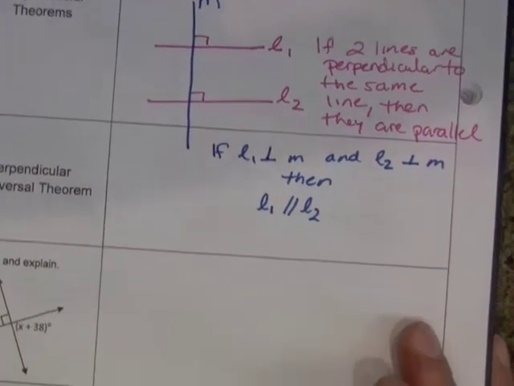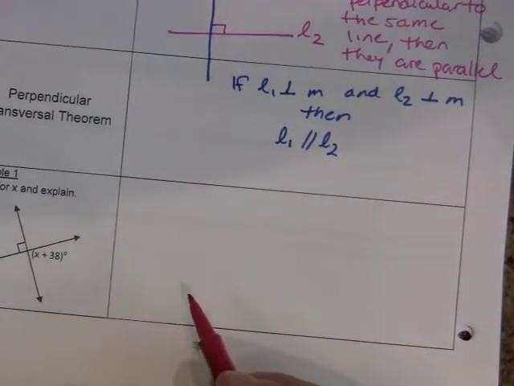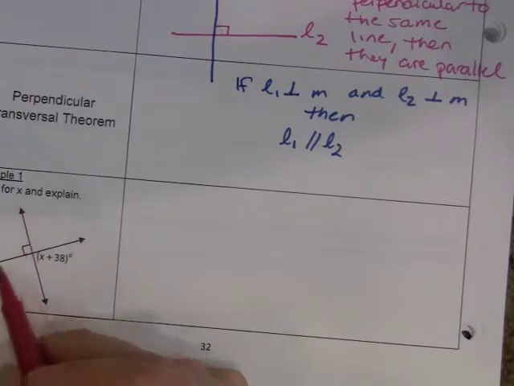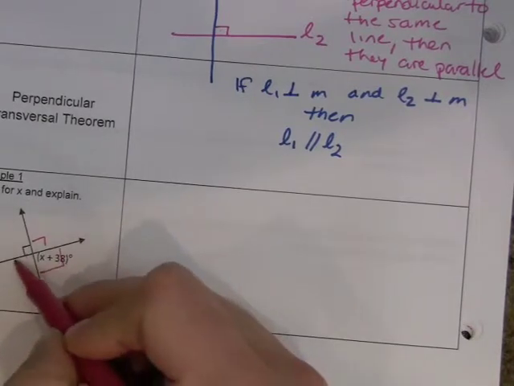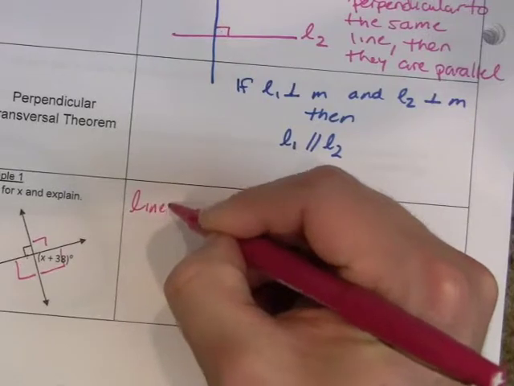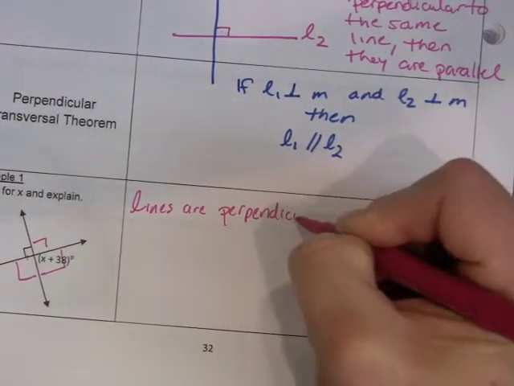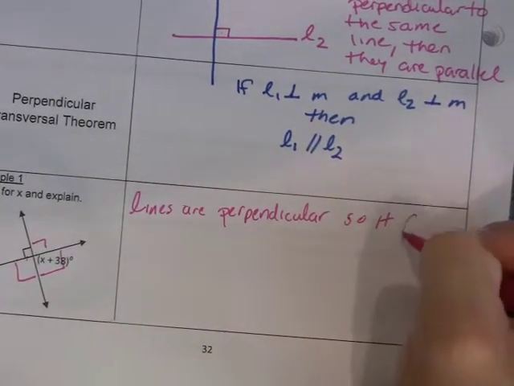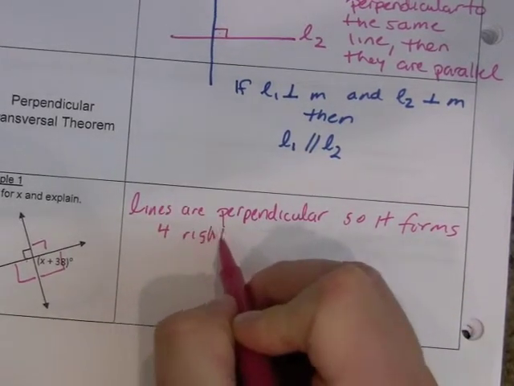So as we look at example 1, you want to solve for x and explain. Because this is 90 degrees here, that means that these lines are perpendicular. So all these angles here are 90 degrees. So the lines are perpendicular, so it forms four right angles.